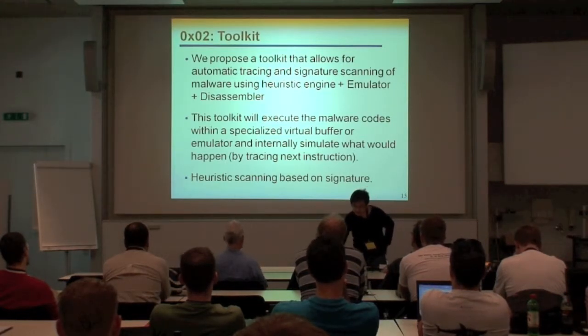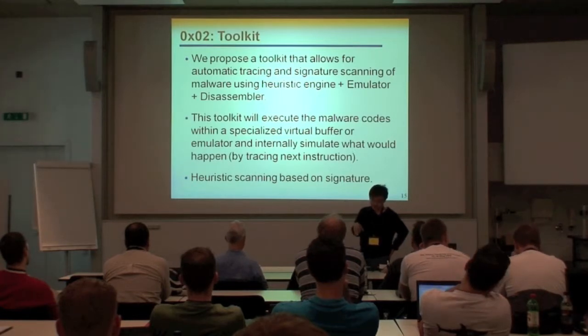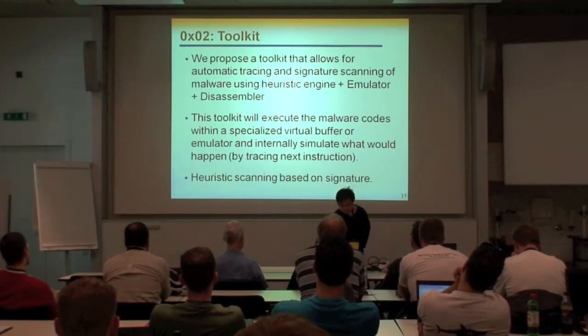The idea of this toolkit is to execute part of the memory code within the virtual buffer or emulator and internally simulate what will happen by tracing the instructions. Every execution of the memory code will be scanned by the heuristic engine based on signatures.